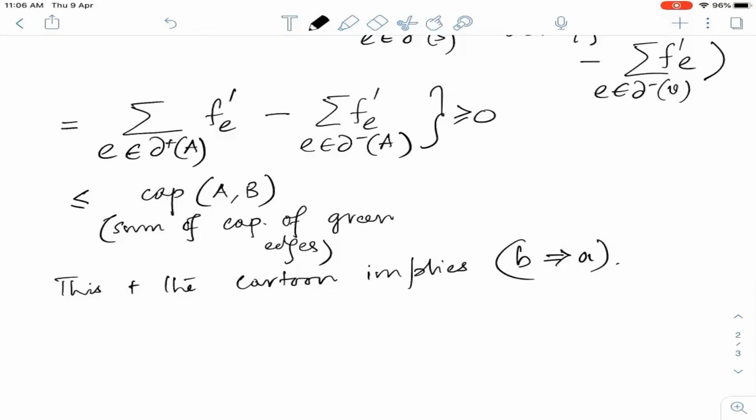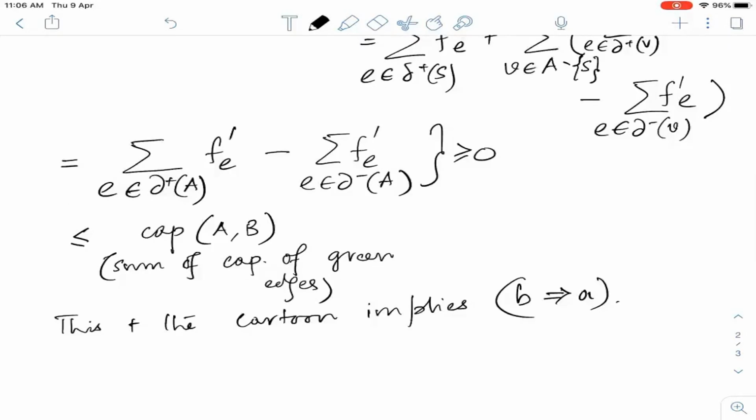There's a question. What do you mean when you said that we can't subtract a capacity? The point is, suppose you want to, just like we did for the first term, replace this thing by the capacity of these edges. I know that Fe is at most the capacity of this edge, right? But there is a minus sign here.